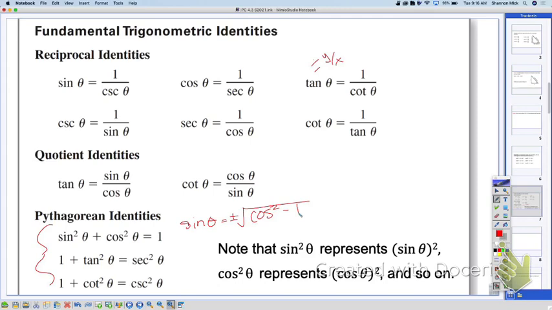The reason for that is if I had sine of 45 degrees, but I wanted it squared, it would look weird. If I put the square on the 45, what would you do? You'd square the 45, and it's not squaring the 45. You take the sine of 45, which is square root of 2 over 2, and then square it, which would be 2 over 4, which is a half. So that's why it goes on the function.